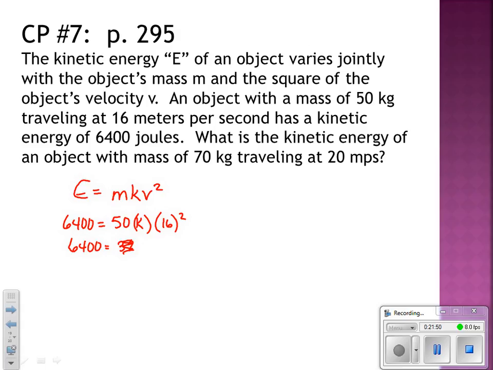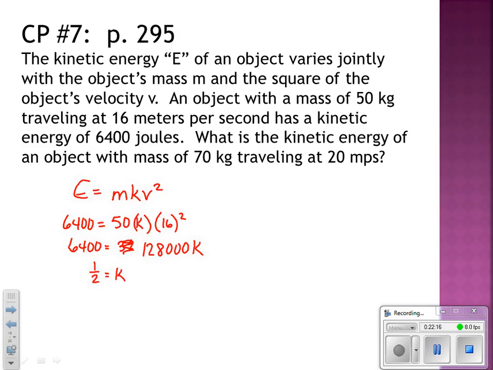Whoops, 16 times 16 times 50. There we go, 12,800. Sorry, didn't have that number written down on my paper for some reason. Now if you divide both sides, we end up with 0.5. So we get 1/2 is equal to K.